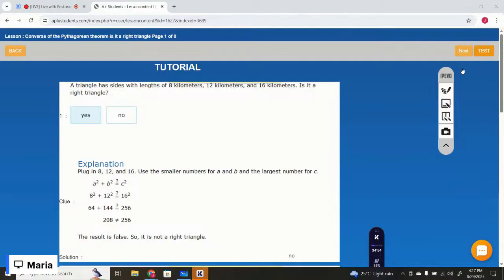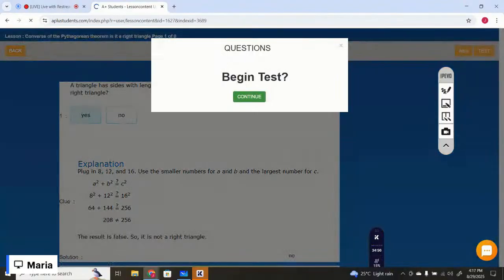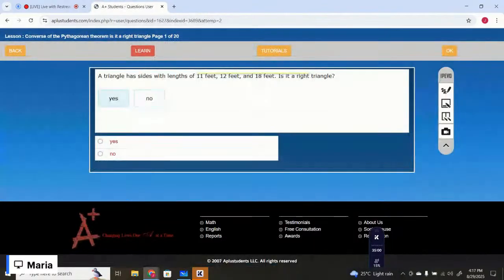Let's just start with the test questions. Our triangle has side lengths of 11 feet, 12 feet, and 18 feet. Is it a right triangle?